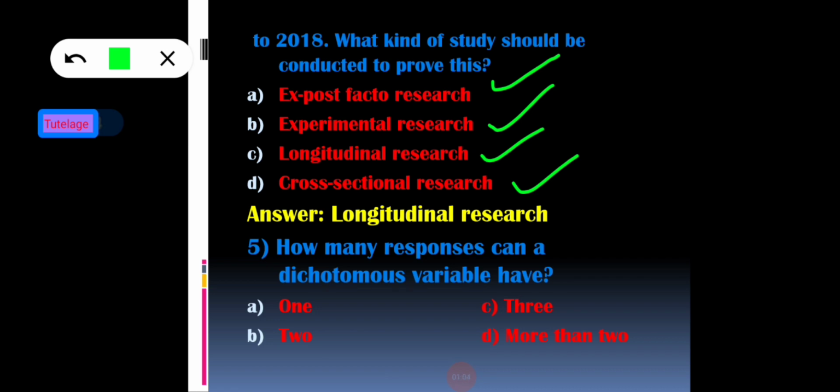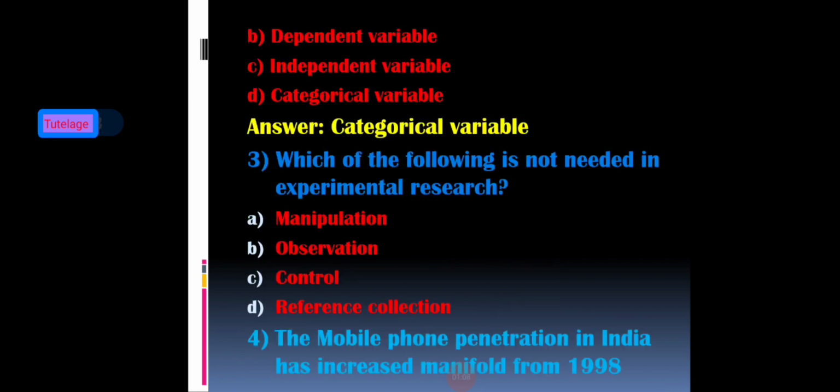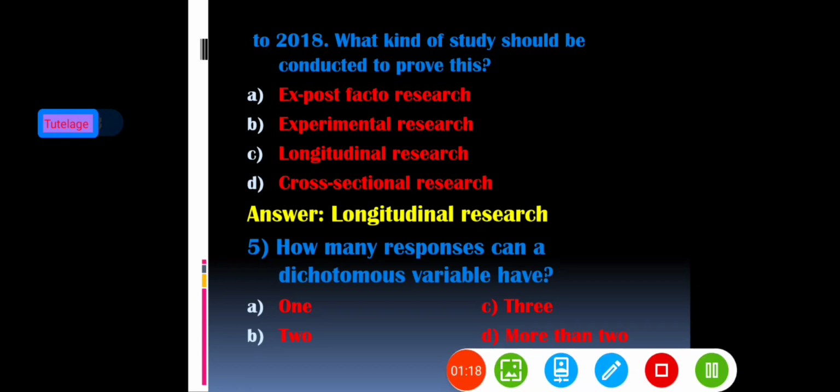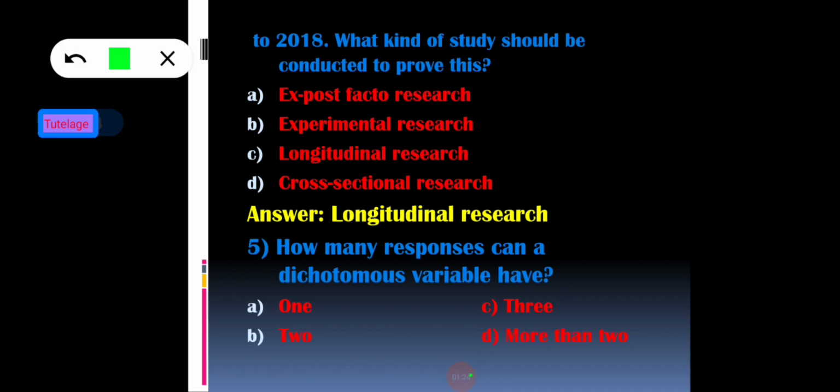Here we can see the data on mobile phone penetration in India from 1998 to 2018. What kind of study should be conducted to prove this? Obviously this indicates longitudinal research.